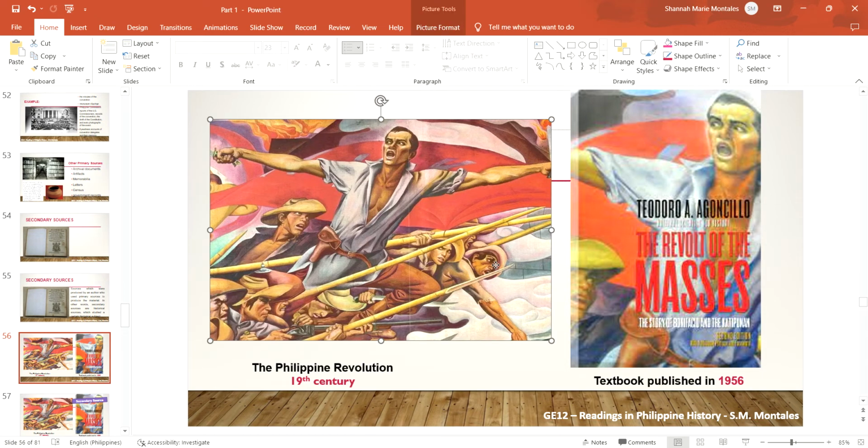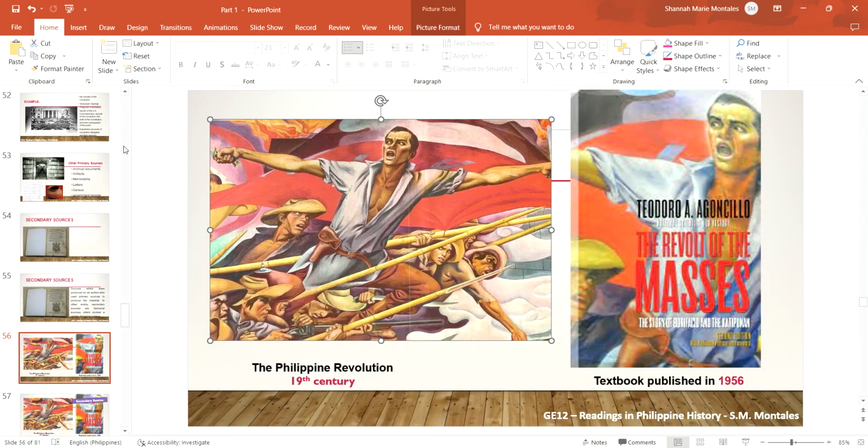So, for example, we have the Philippine Revolution that took place in the 19th century. Okay? The Philippine Revolution happened in the last years of the 19th century to be exact. But we have a textbook written by Teodoro Agoncillo on the subject of the Philippine Revolution of 1896.